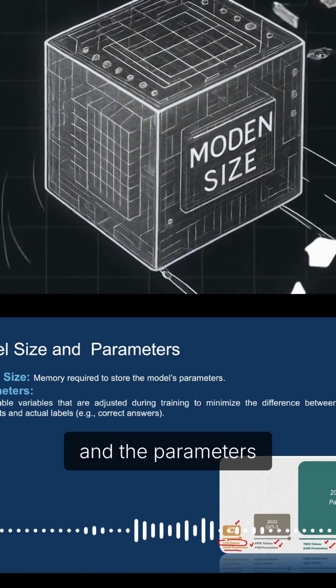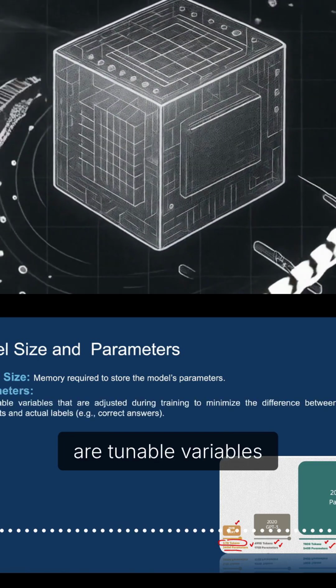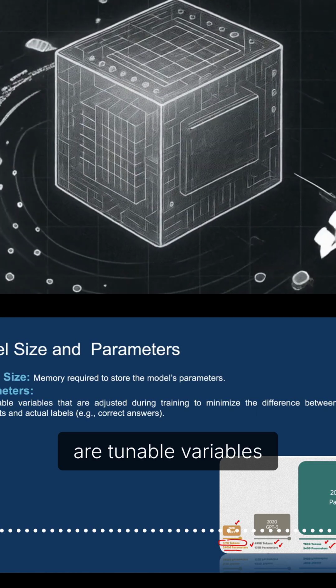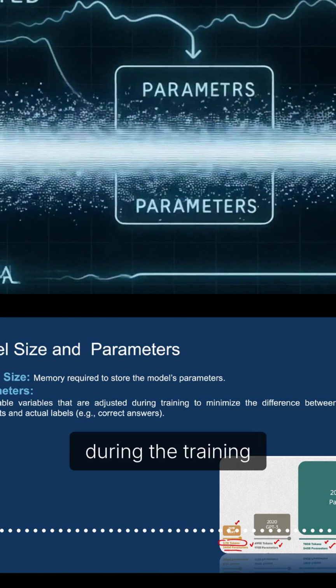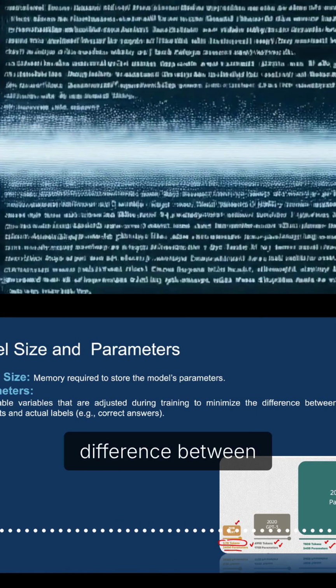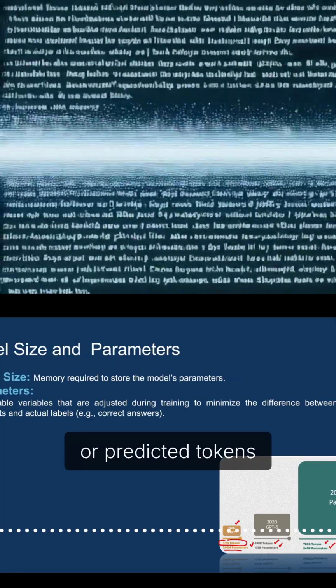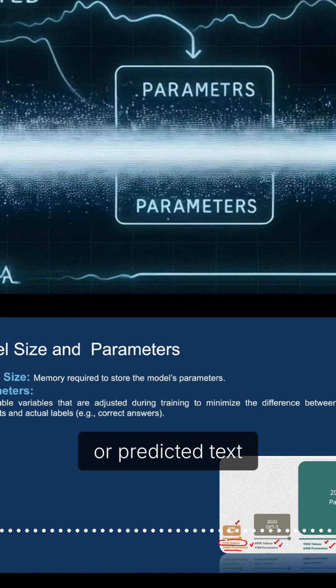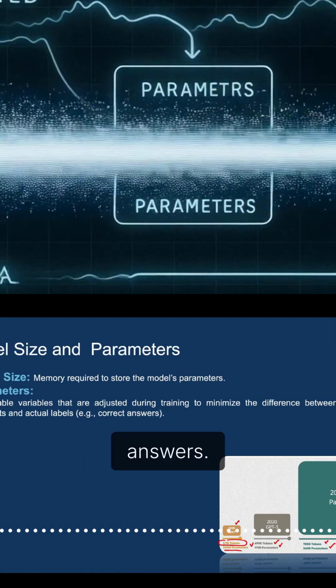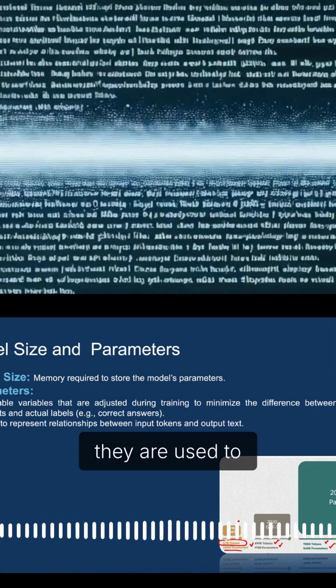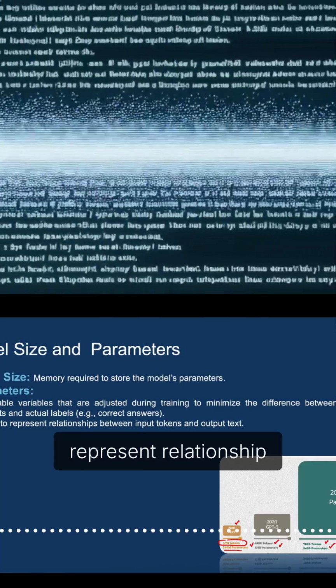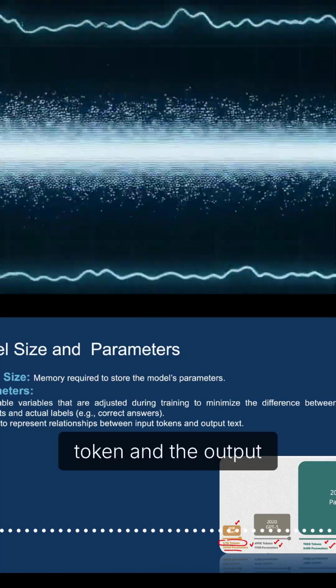The parameters are tunable variables that are adjusted during training to minimize the difference between the predicted output, or predicted tokens or text, and the actual labels, meaning the correct answers. They are used to represent the relationship between the input token and the output text.